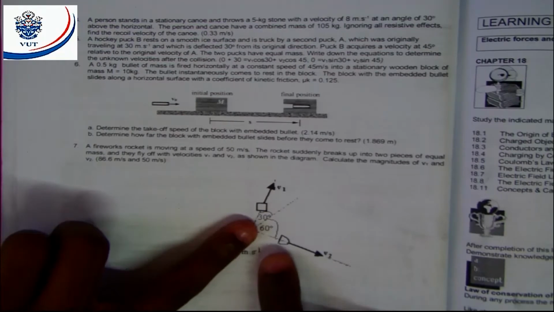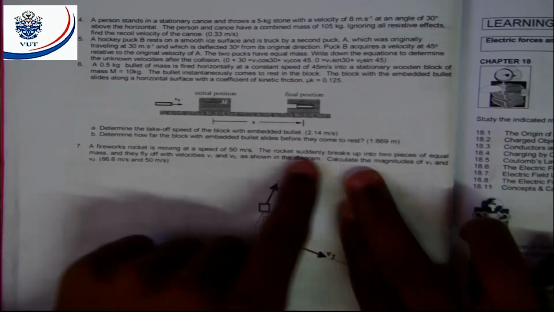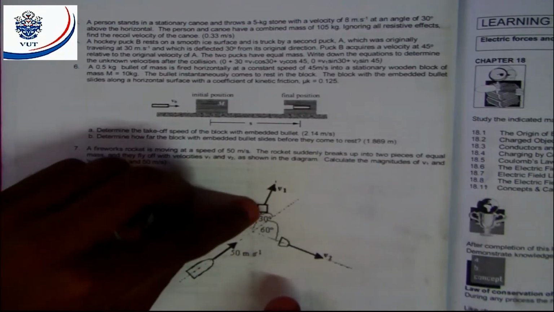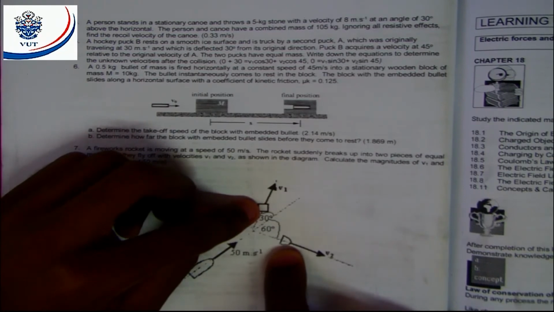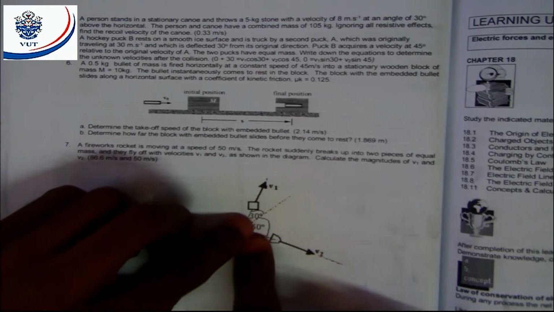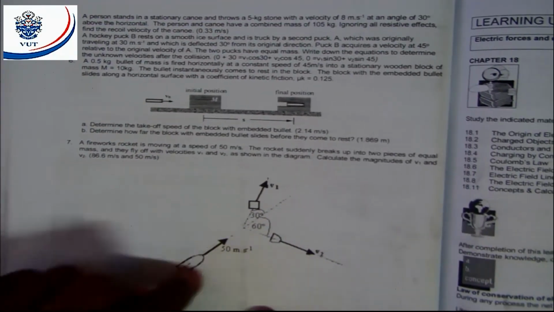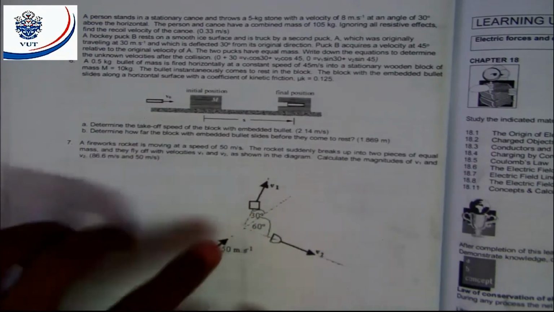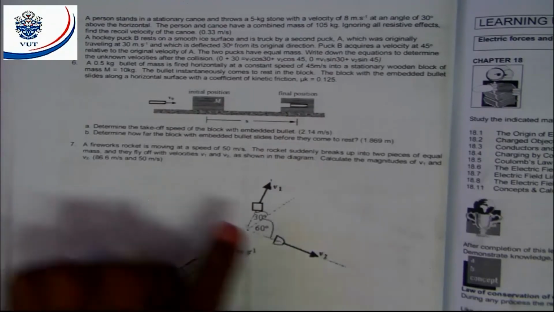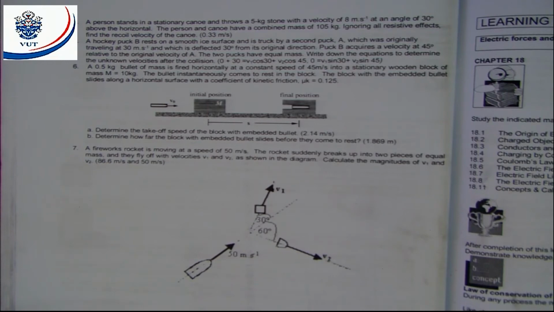Remember that they said the rocket suddenly breaks up into two pieces of equal mass, m and m. So going backwards, the total mass was m plus m, which is 2m. Then again, it's conservation of momentum in the x direction and in the y direction, and then you will be able to solve for V1 and V2.